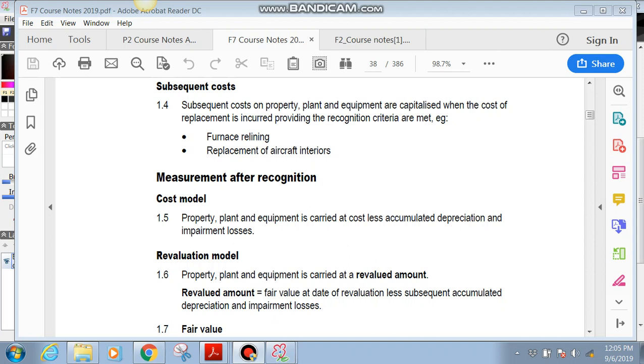If it chooses the revaluation model, the asset will be revalued and carried at fair value from the date of revaluation less subsequent accumulated depreciation and impairment losses.